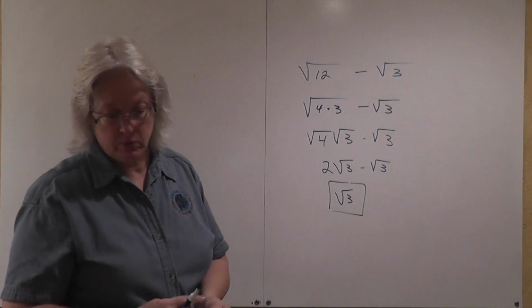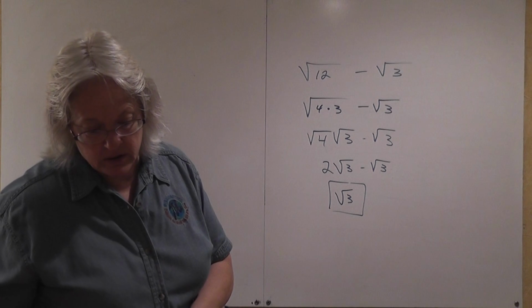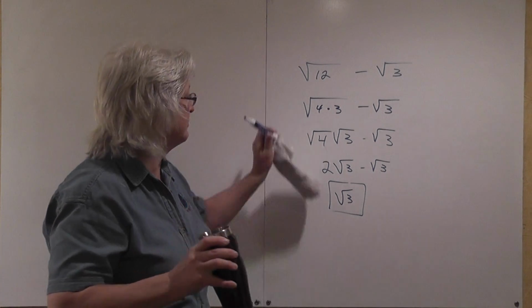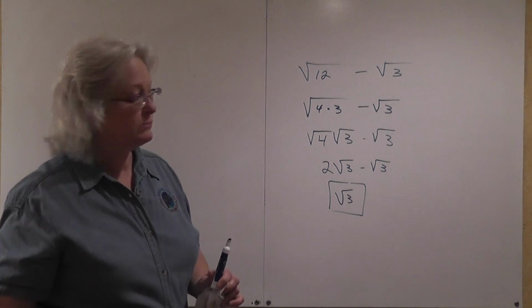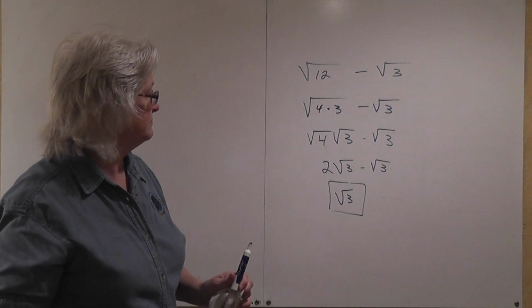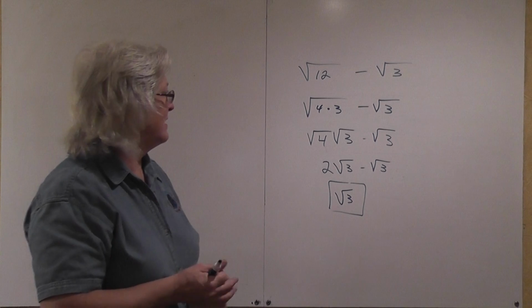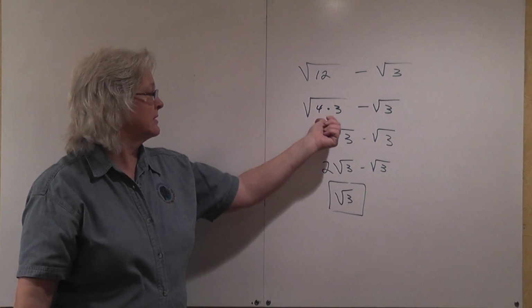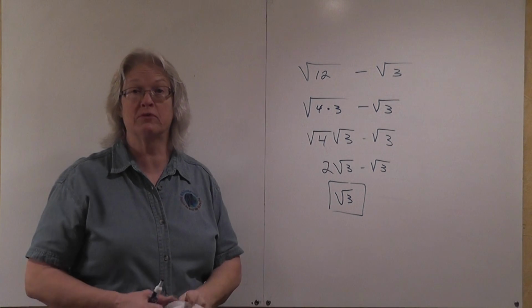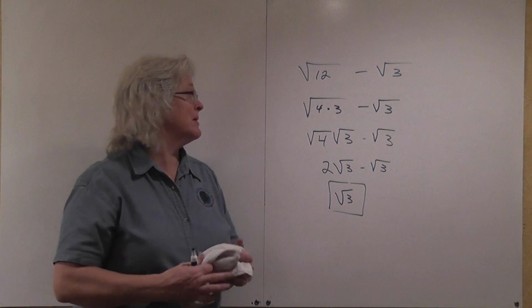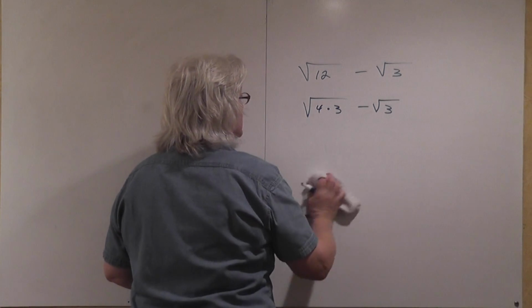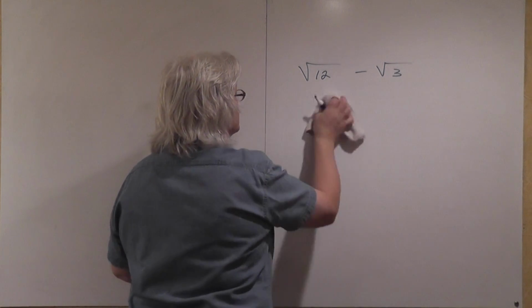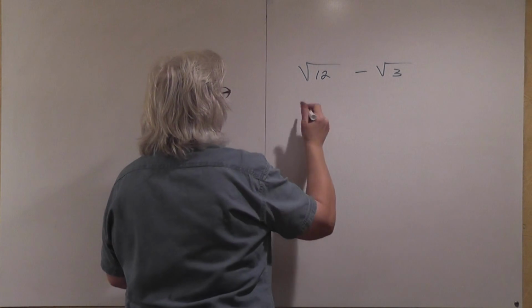I want to go ahead and point out a slightly different way to show this work. I'm accustomed to seeing numbers just written out as perfect squares, but remember we talked about using the exponential form of factors.